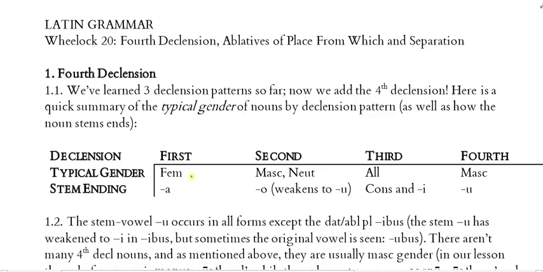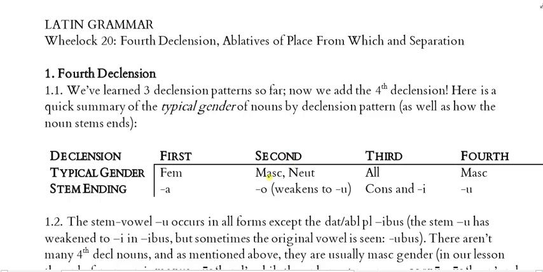These are typically feminine. You might recall there are some masculine first declensions that refer to agency, sort of like professions, poeta, poet, nauta, sailor. But these typically have a noun stem ending with A, and then the case endings added to that.